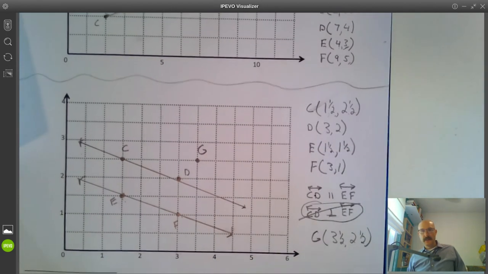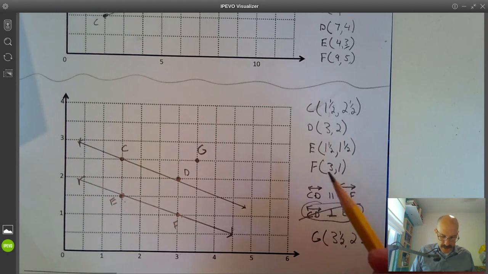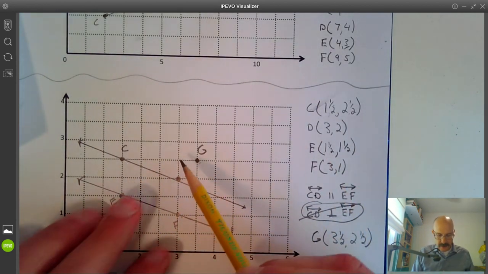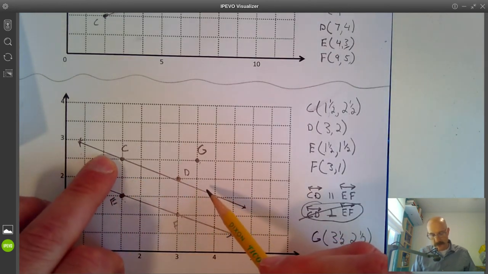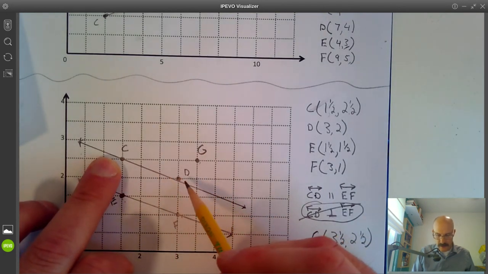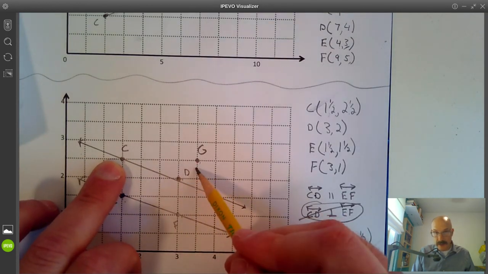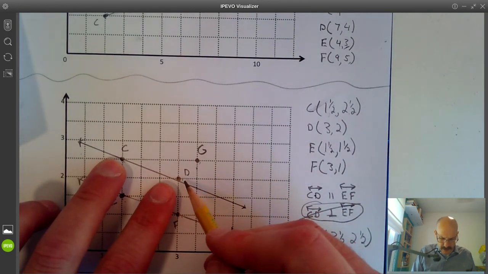And I want to find another point that will make a line that's parallel. I'm just looking for another point where I can find a rule or a pattern from C to G or D to G that gives me another point.